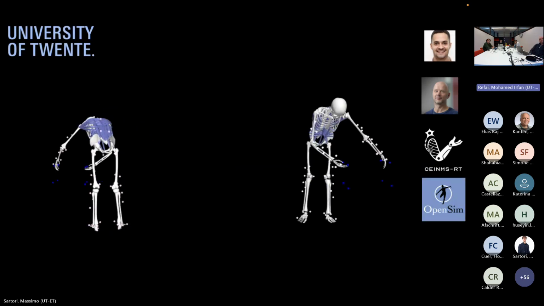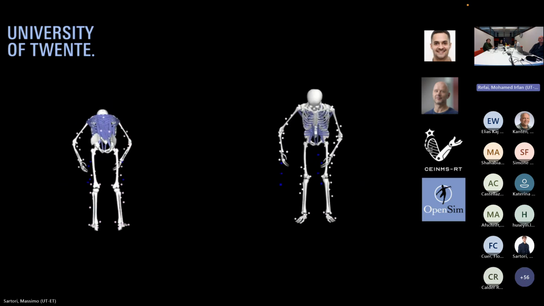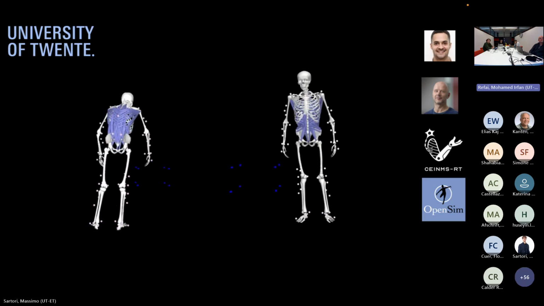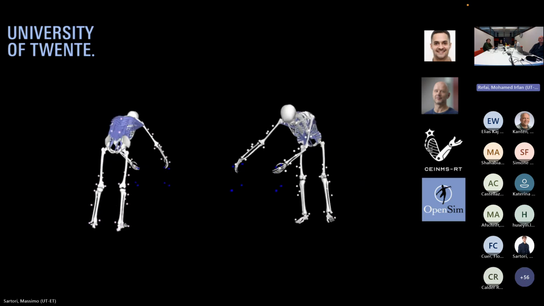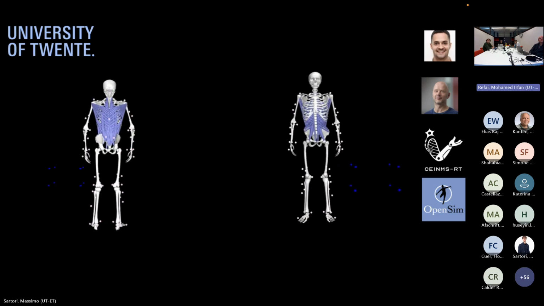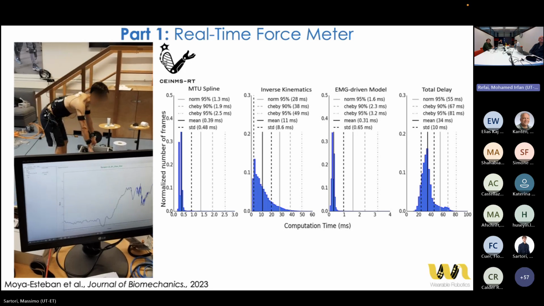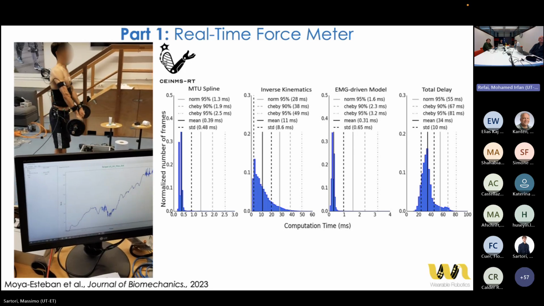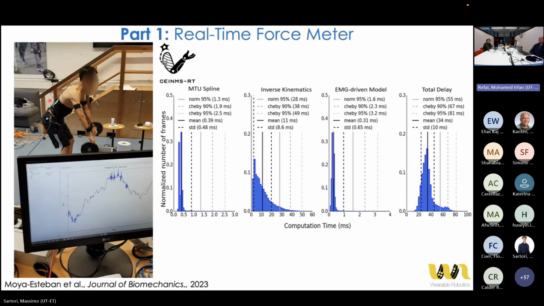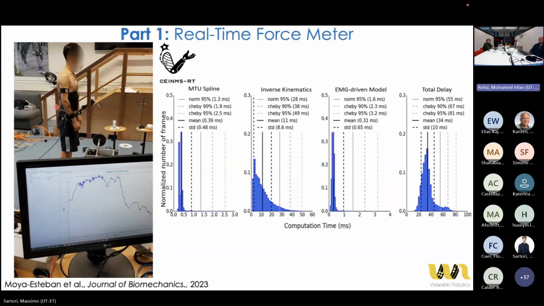In this case, we used CEINMS to simulate trunk models that included about 240 muscle tendon units in real time. And we use these models to estimate in real time the joint torques and the compressive loads acting on the lumbar joint.